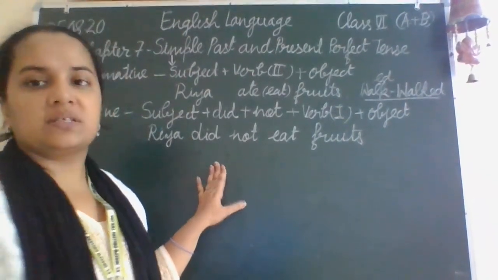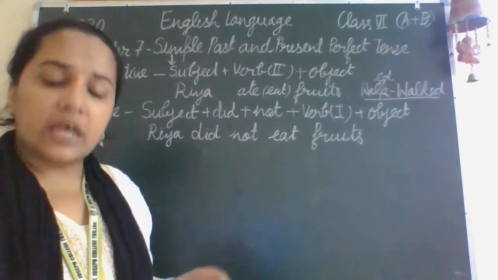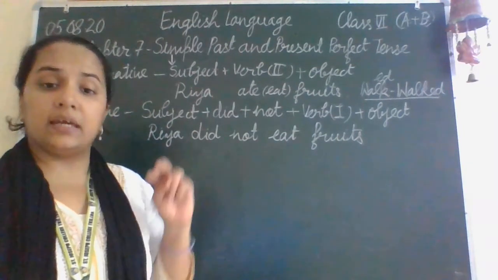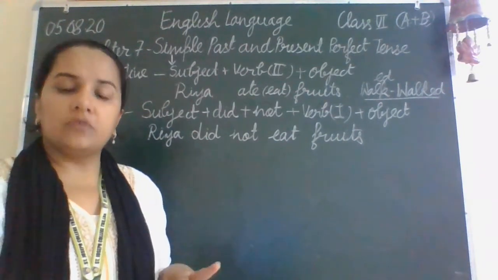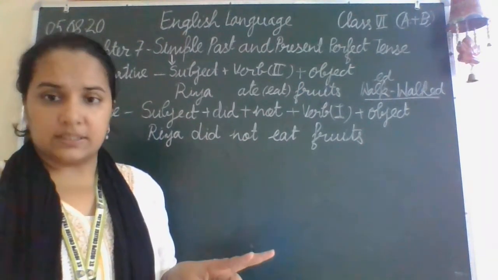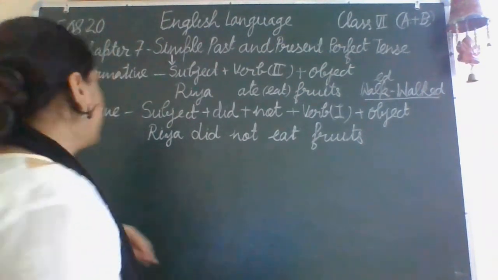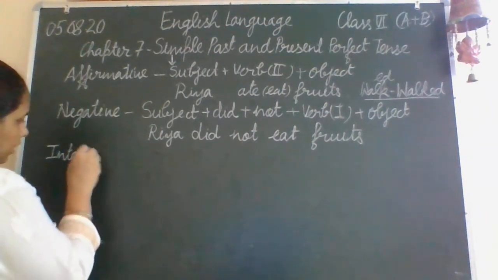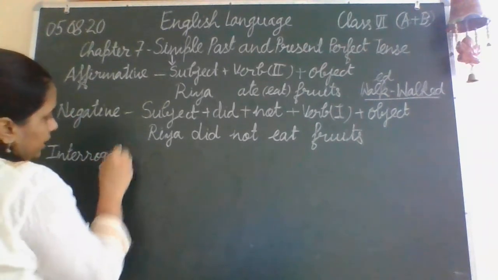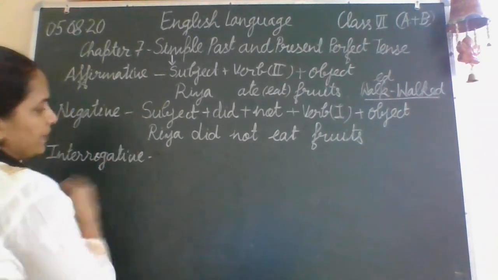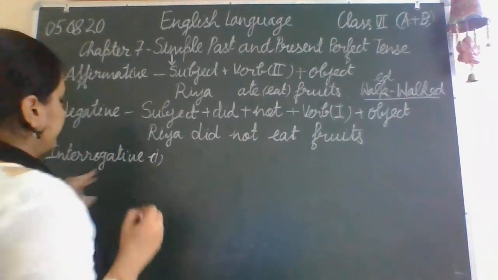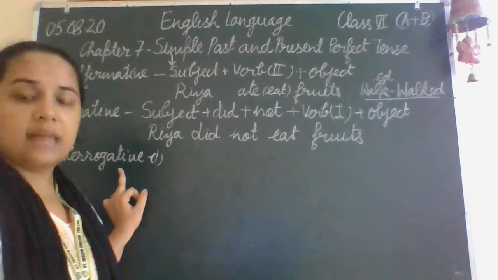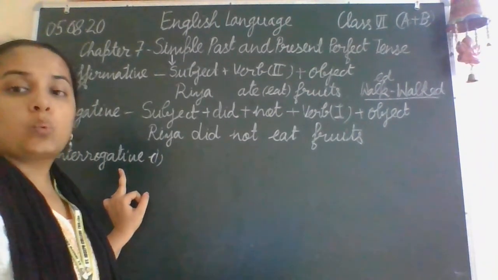Now we will move towards the third category, that is interrogative sentences. Again, as we discussed in the previous class, in interrogative sentences there would be two kinds of sentences: the one which starts with the question word and the one which starts with the helping verb. First, we will discuss the interrogative sentence that starts with the question word.